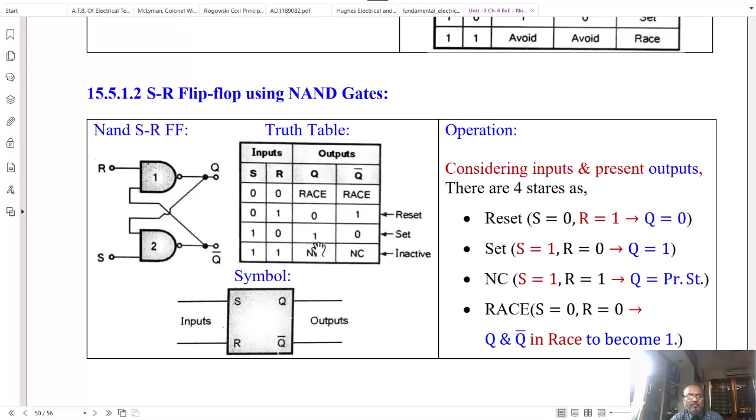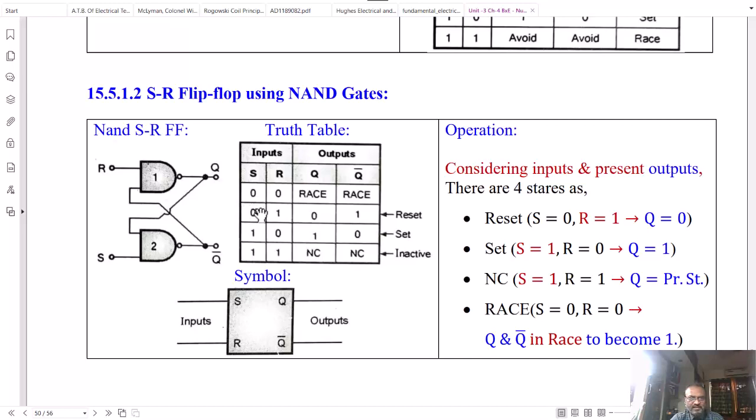So a complement of this operation takes place compared to the flip-flop implementation using NOR gate. When both the inputs are in logic 1 state, there is no change in output. So the flip-flop changes the state when S and R inputs are dissimilar. In this case, the flip-flop can be set or reset by using logic 0 as input.